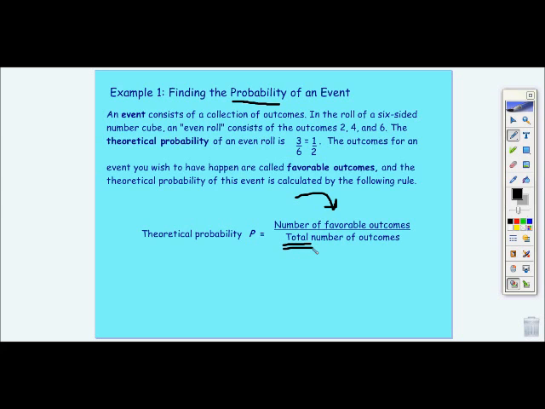In the roll of a six-sided number cube, an even roll consists of the outcomes 2, 4, and 6. So you have 3 possible favorable outcomes. Those are all even numbers, but you have 6 sides to the die. So 3 out of 6 is your chances.